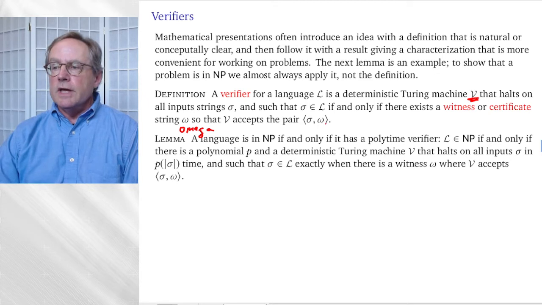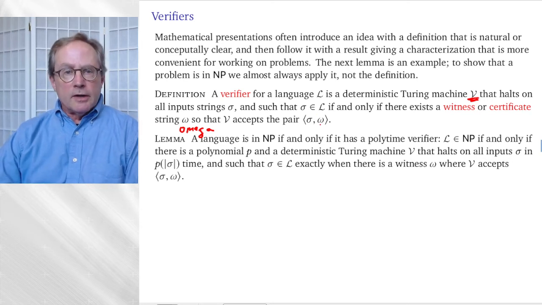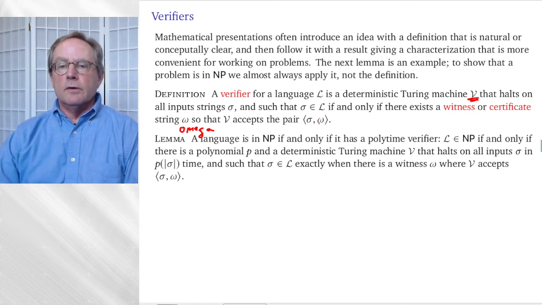So that is to say, V is a two-input machine. It accepts sigma and omega. Sigma is the candidate for being an element in L, and the witness is the demon's hint. The witness, the certificate, is the suggestion that you should use to do this problem in polynomial time.